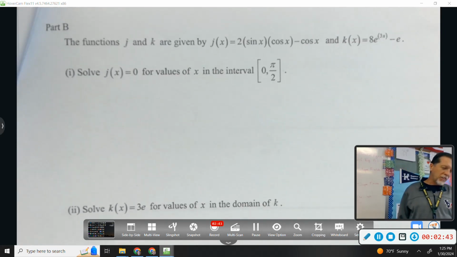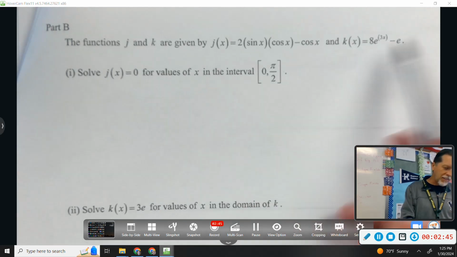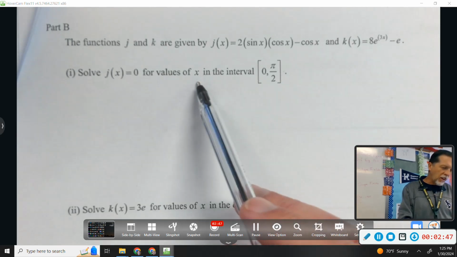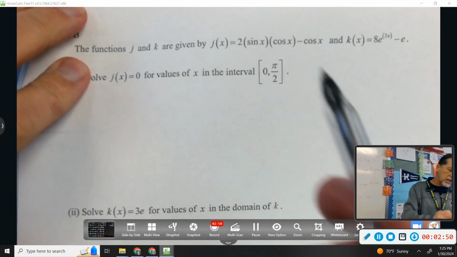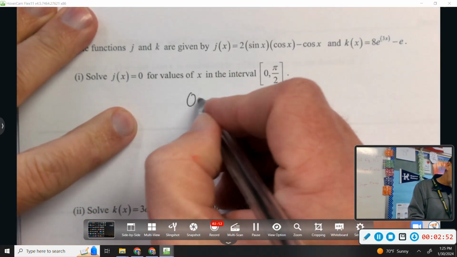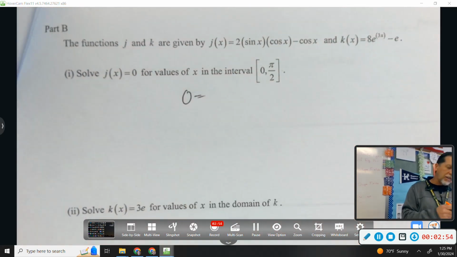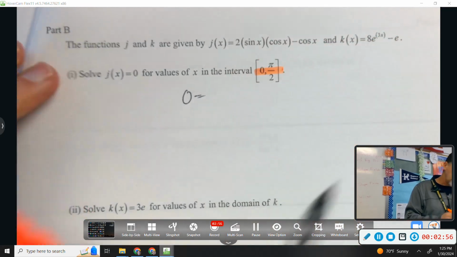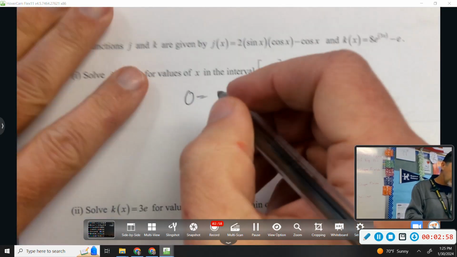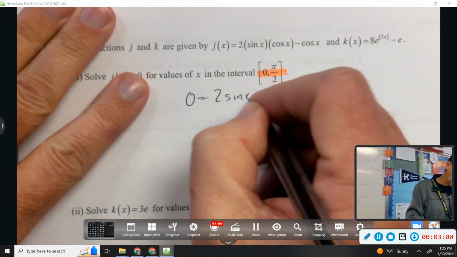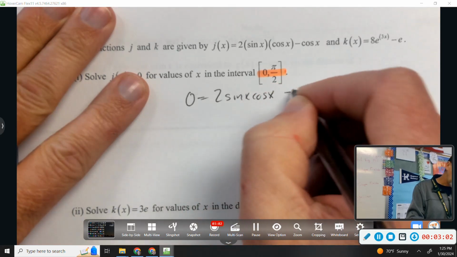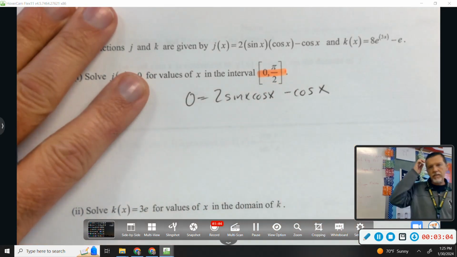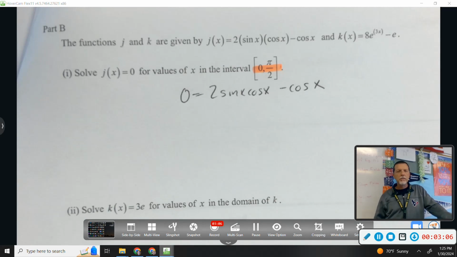Part B. The functions j and k are given by this. Solve j of x equals 0 between 0 and pi. Okay, so another weird interval here. 2 sine x cosine x minus cosine of x equals 0.